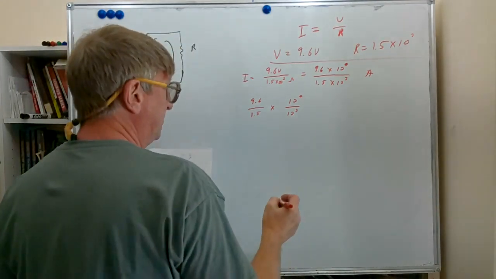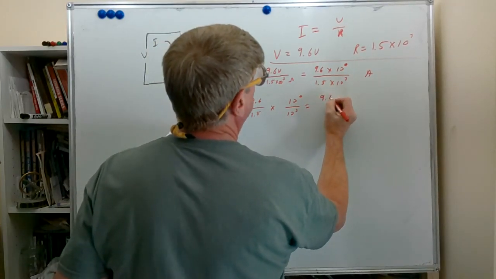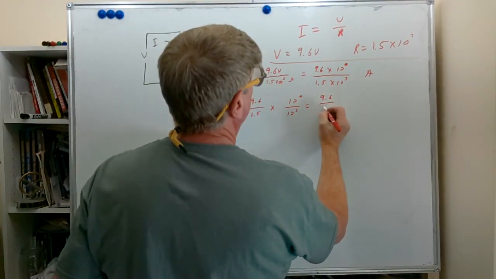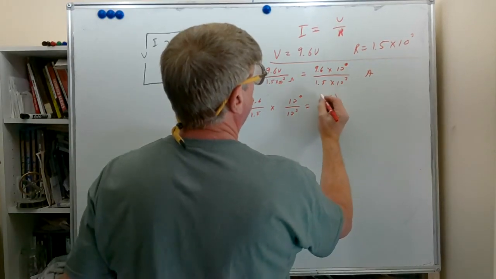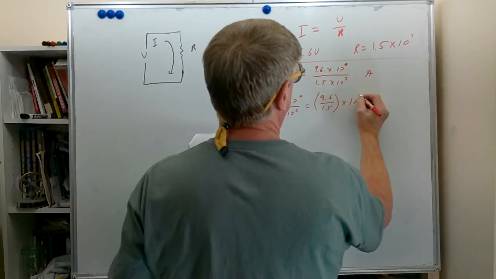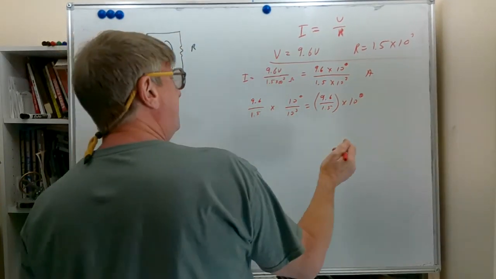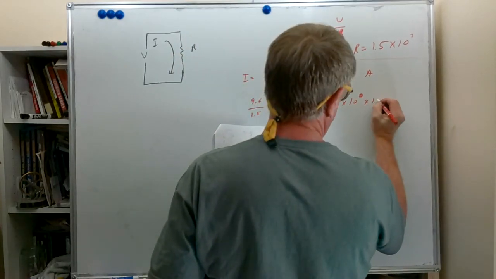There's a couple ways we could do this, and I'm going to do it this way. The numerical portion will give us the numerical part of our answer, and I'm going to put that in parentheses now. That's going to be times 10 to the 0, and we're going to convert this division to a multiplication, so this will be times 10 to the negative 3.